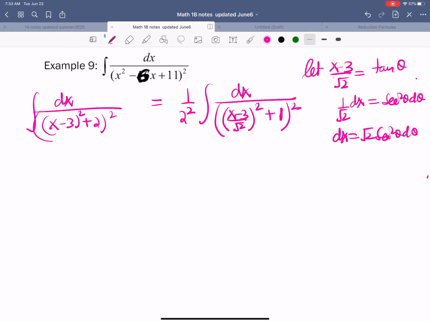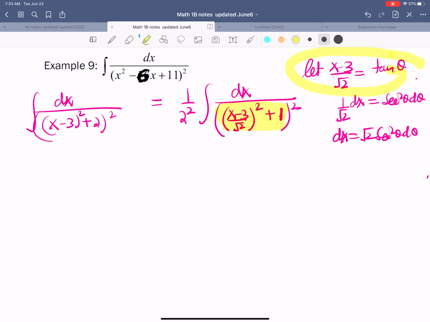So let's go ahead and plug it in terms of theta here. Again, you might have to carefully look at this little algebraic trick where I pulled the 2 out. You didn't have to. You could just leave the square root of 2 in front of tangent theta. You could call x minus 3 as root 2 tangent theta.